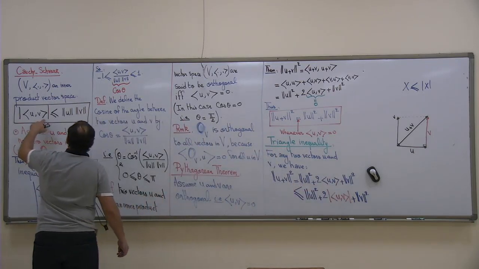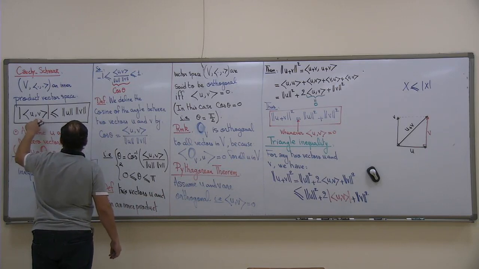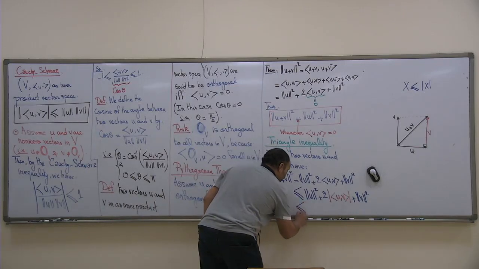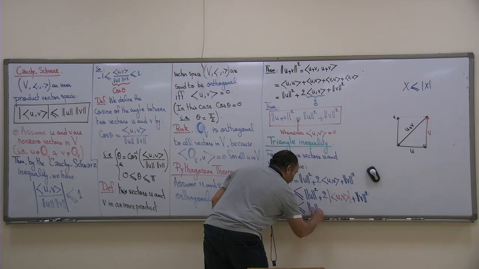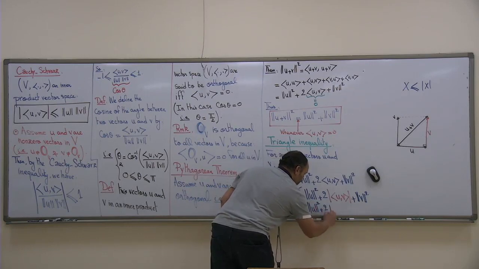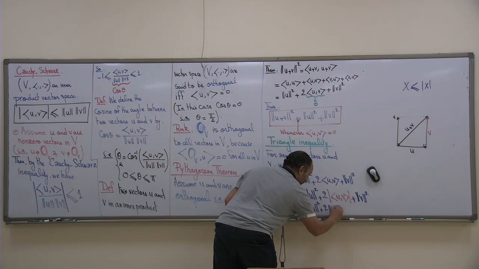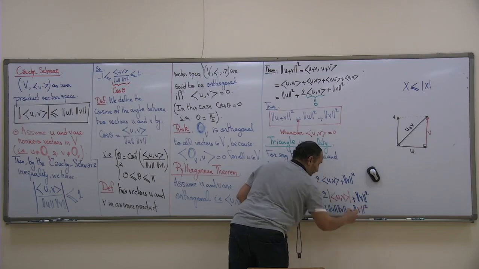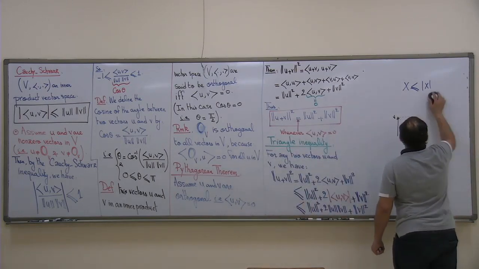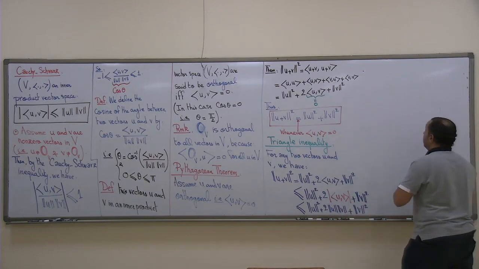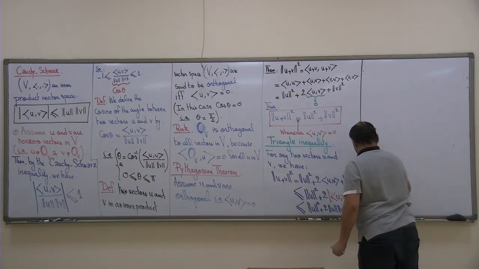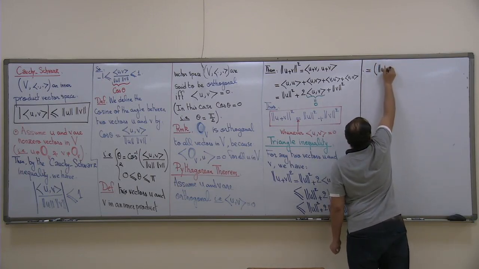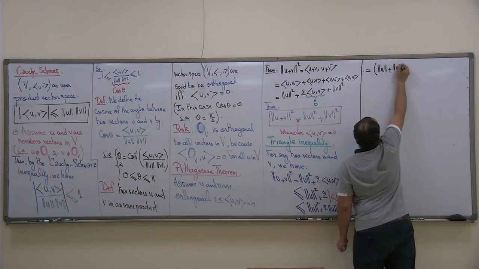Now I would like to use the Cauchy-Schwarz inequality. It tells me the absolute value of the inner product is less or equal to the product of the norms. So this is less or equal to the norm of u squared plus 2 times the norm of u times the norm of v plus the norm of v squared. Obviously, what I'm seeing down here is a perfect square: the norm of u plus the norm of v, all squared.